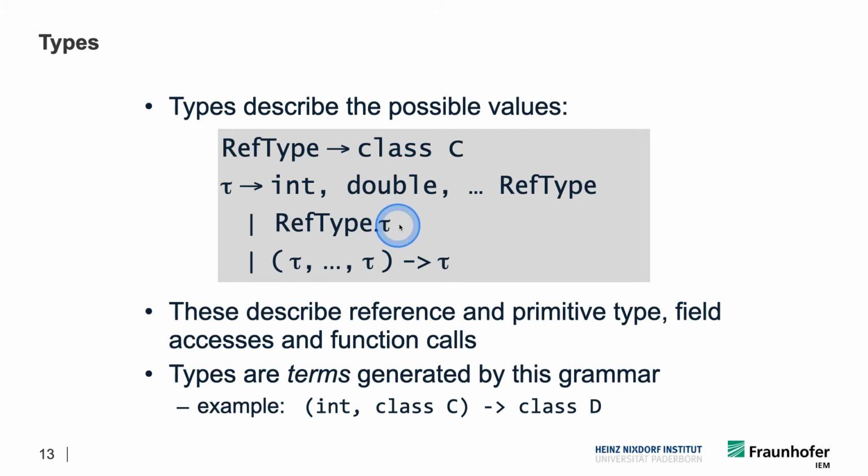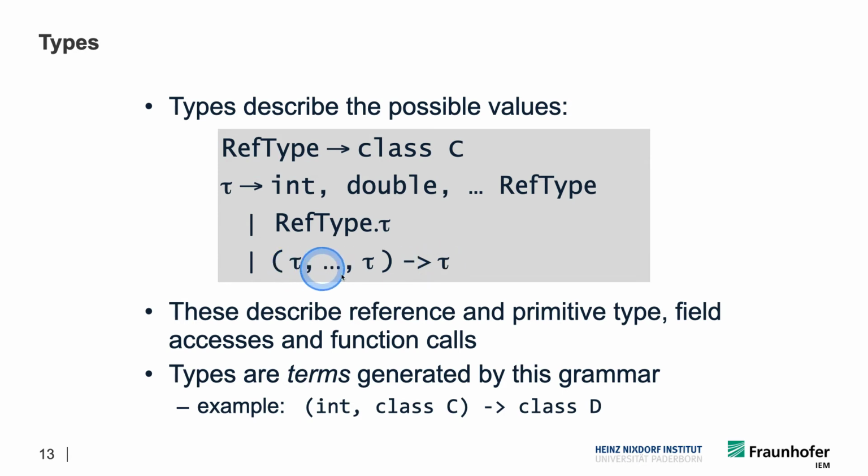So for instance, you can have an integer field or a double field or also another ref type field. And what you see down here, that could be a notation that we might use, for instance, to denote function types or procedure types, right? So for instance, that function would take parameters of these different types as an input, and it would return a value also of a type.